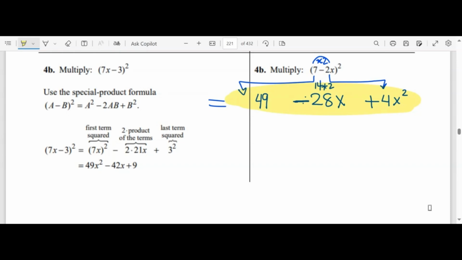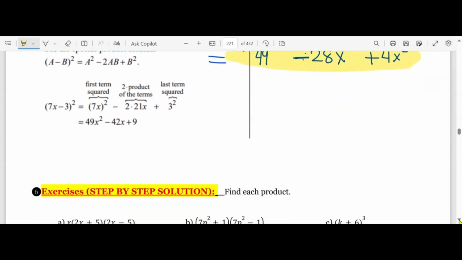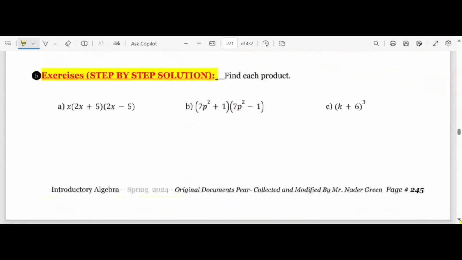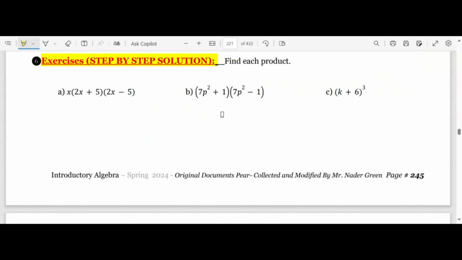We do the exercise. Yeah, do the first one. So what's the answer? X squared.